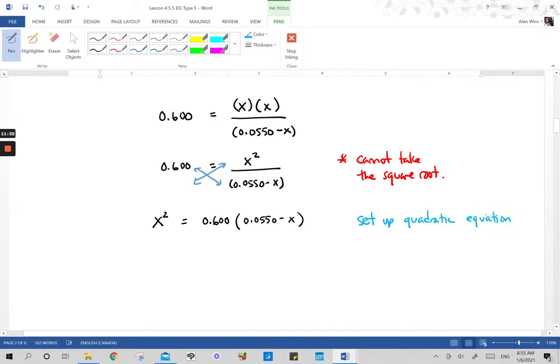Okay, so remember, your quadratic equation is ax squared plus bx plus c, and we want to equal 0.